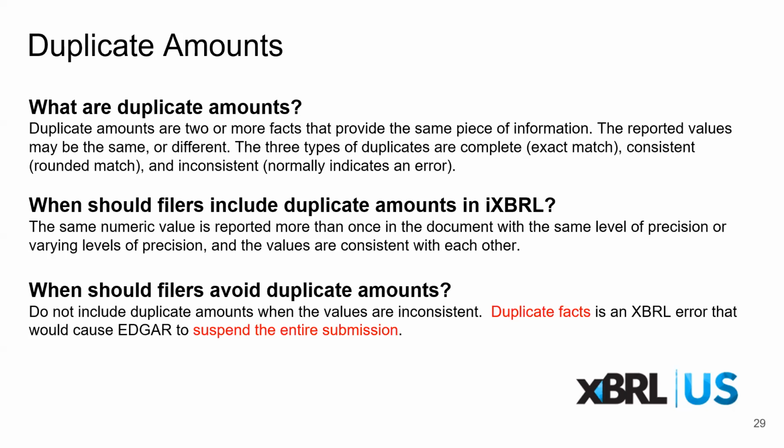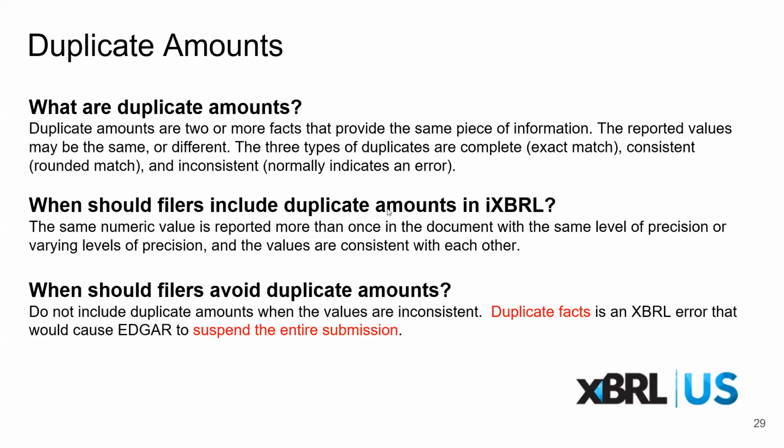With the implementation of inline, that was allowed, but not necessary. The inline tagging requirement, which covers tagging all information in your financial statements and notes, created the requirement to tag the duplicate amount.